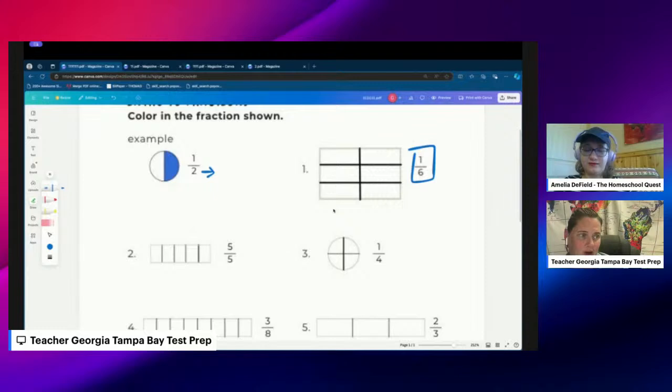If we look at that as the denominator, that is our total equal parts, then we can look at our numerator, which means how many parts are shaded. Or you might hear with my brownie picture, how many parts have been eaten. So if I look at 1/6 and I eat 1/6, that 1 represents I ate one piece out of the total 6 pieces.